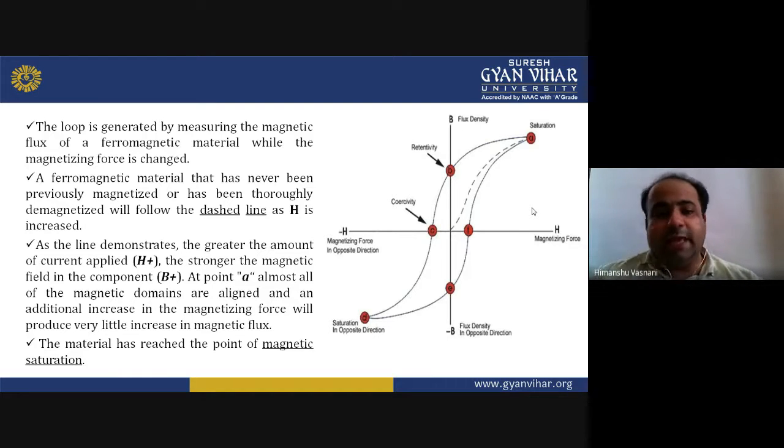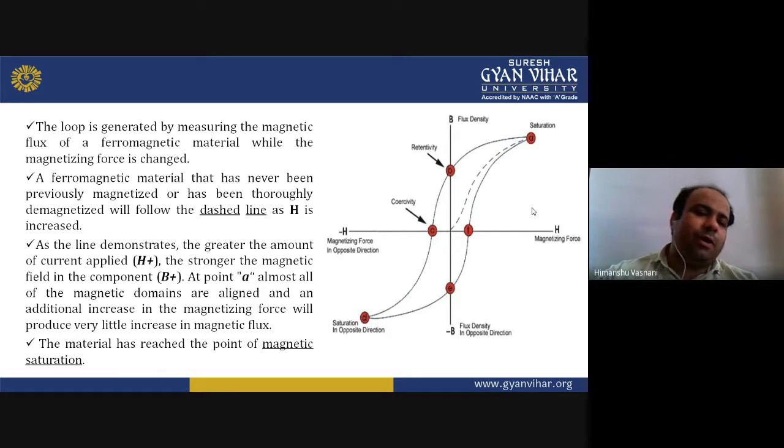So at a point small a, you can see the small a is the saturation point on the loop. Almost all of the magnetic domains are aligned, and an additional increase in the magnetizing force will produce very little increase in the magnetic flux.